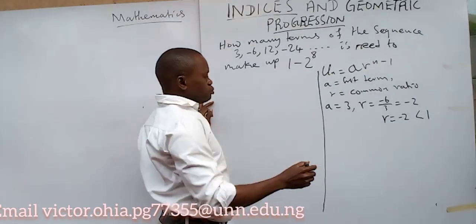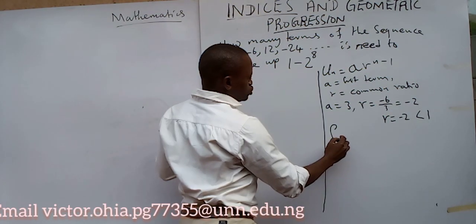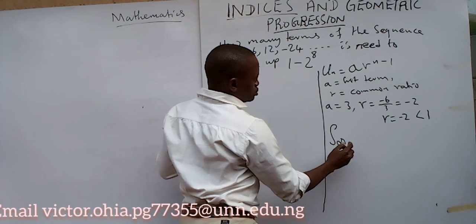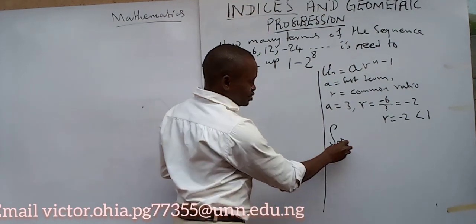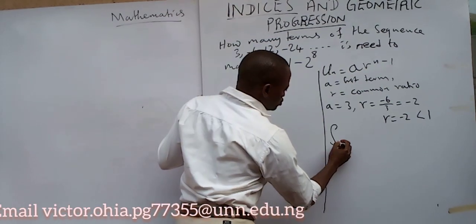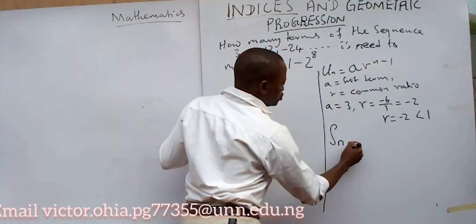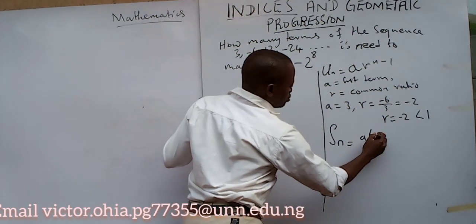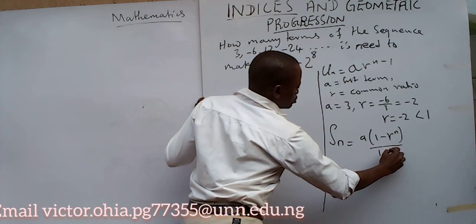And that is what compels us to use this formula for the sum of a geometric progression. Sorry, not sum to infinity, this is sum to infinity. So, sum to a particular nth term equals a in bracket 1 minus r raised to n, all over 1 minus r.